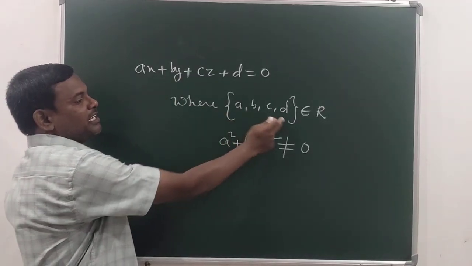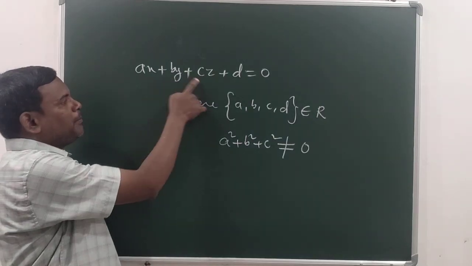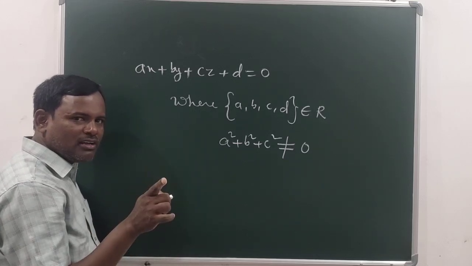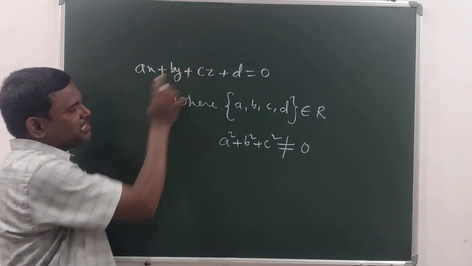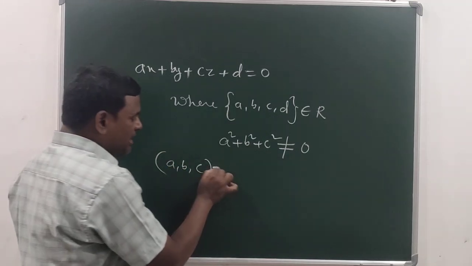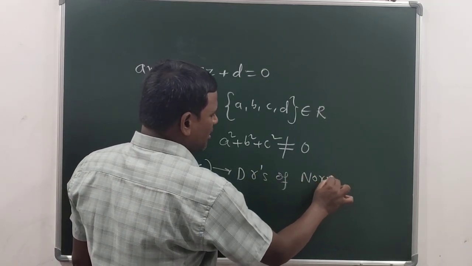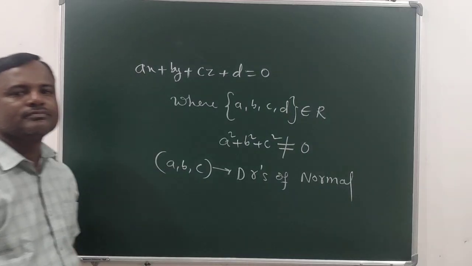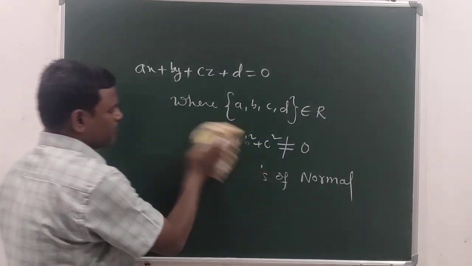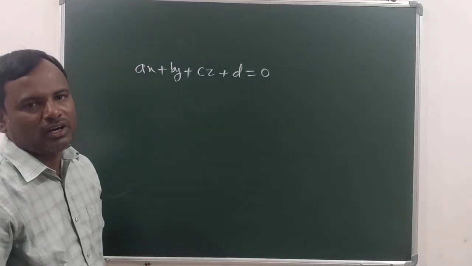Where a, b, c, d belong to real numbers and a square plus b square plus c square should not be equal to 0. And a, b, c are the DRs of the normal. What is the normal? You got it. These a, b, c are the DRs of the normal. Suppose if d is equal to 0, then it passes through the origin.